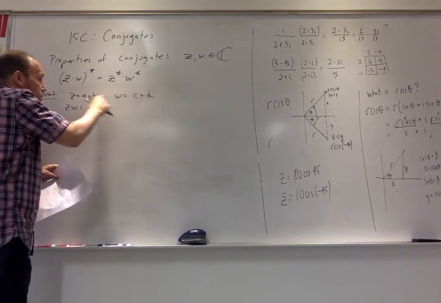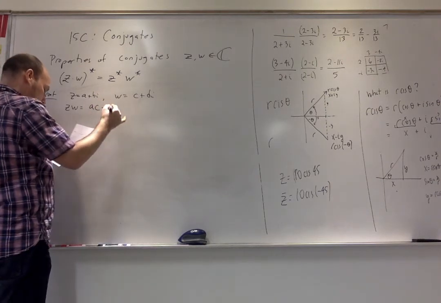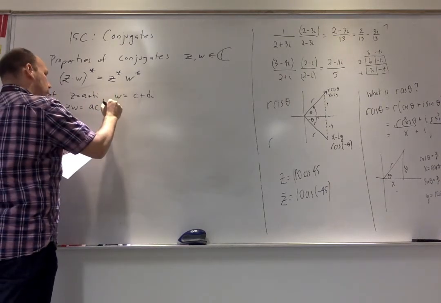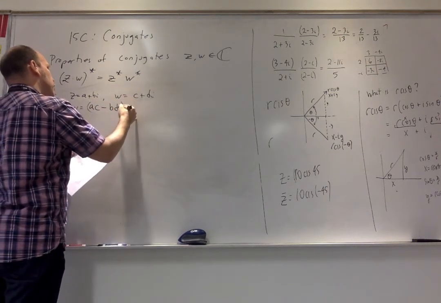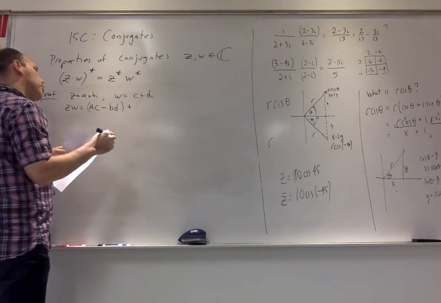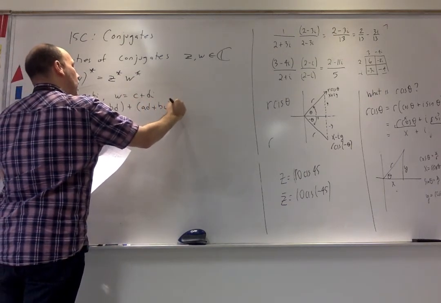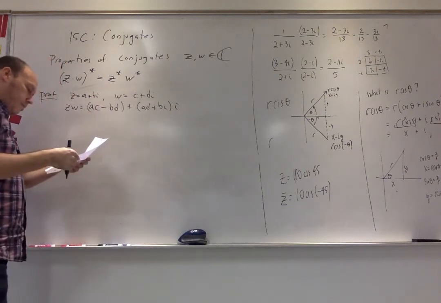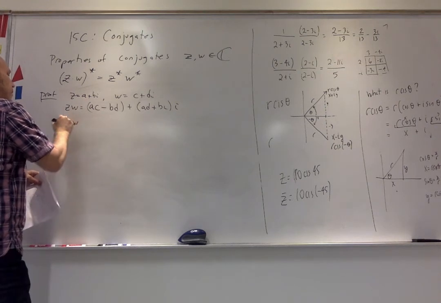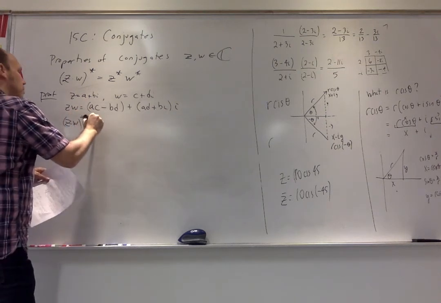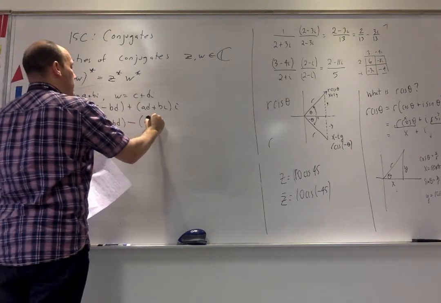So it's AC minus BD plus AD plus BC i, and so the conjugate of this is AC minus BD minus AD plus BC i.